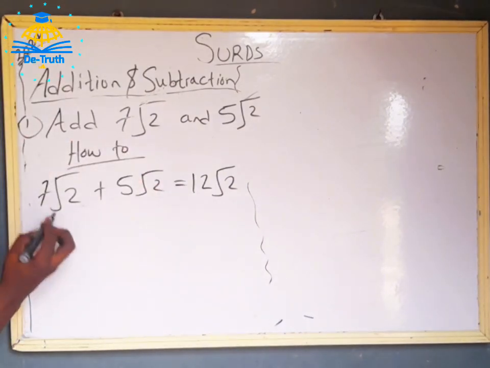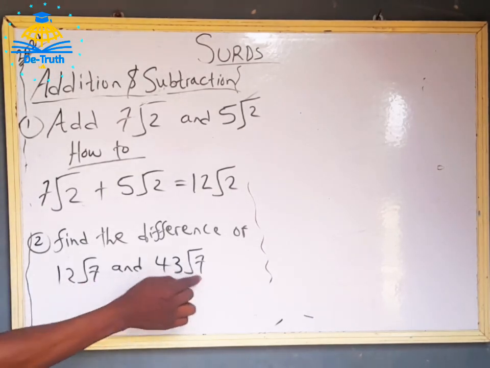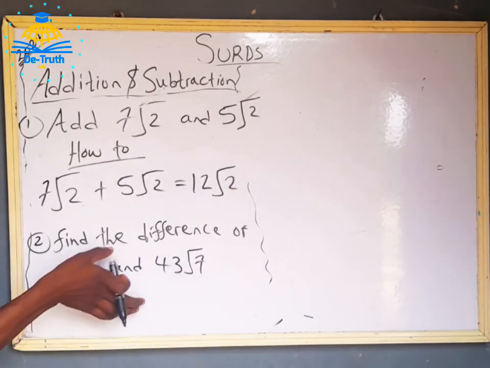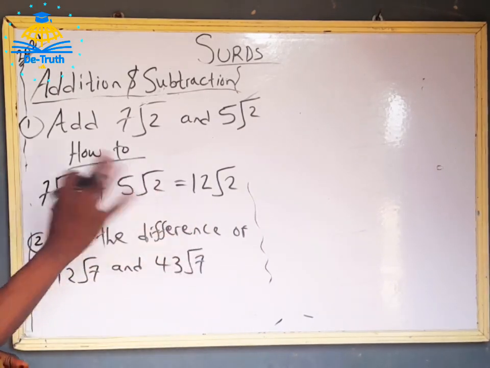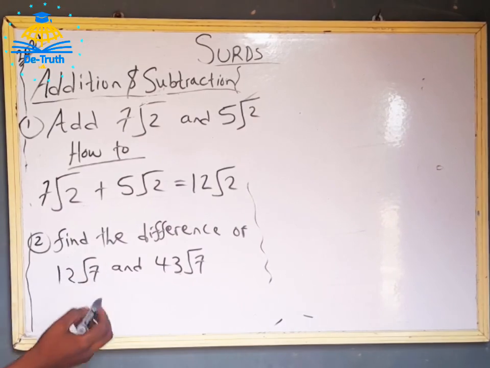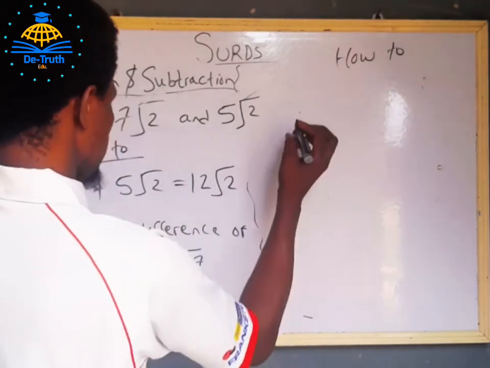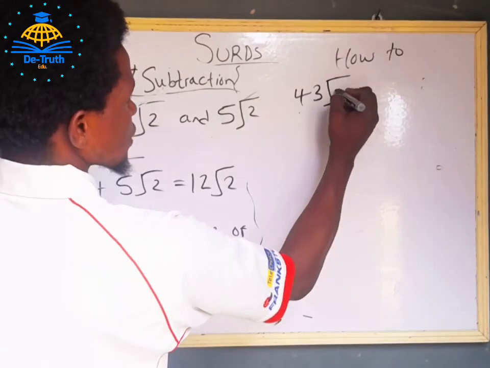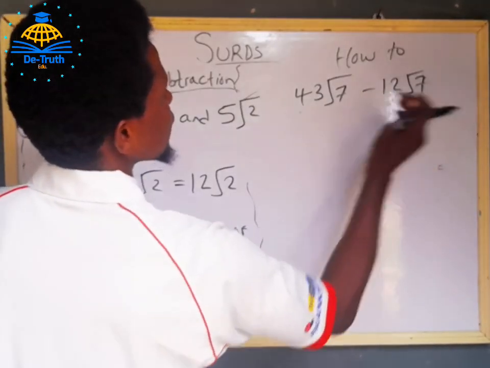So same thing. Can we subtract these two surds? Yes, of course we can because they have the same number in the roots. Let's say we want to find the positive difference now. So we have 43 root 7 minus 12 root 7.